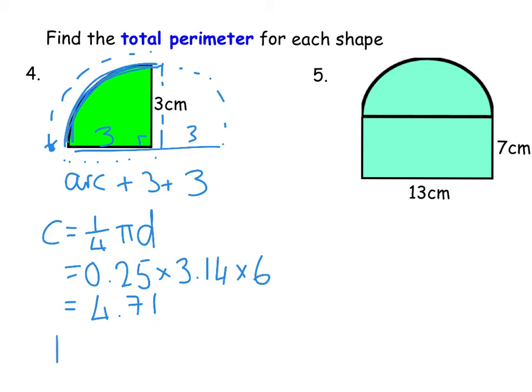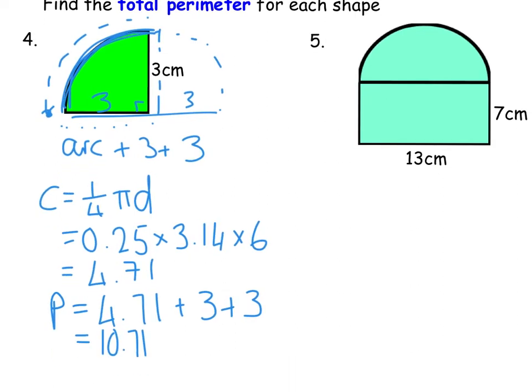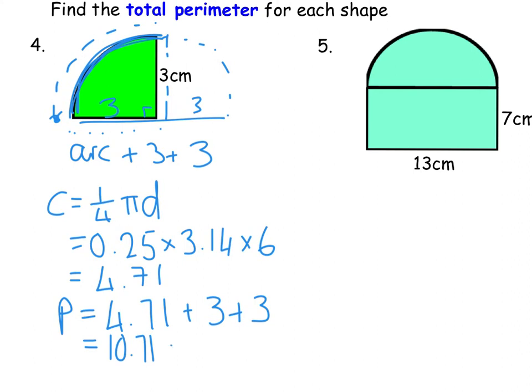So the total perimeter, I'm going to use P for perimeter, is 4.71 plus 3 plus 3, which equals 10.71 centimetres. Okay, so the minute you see perimeter, you need to do the total from start to finish.